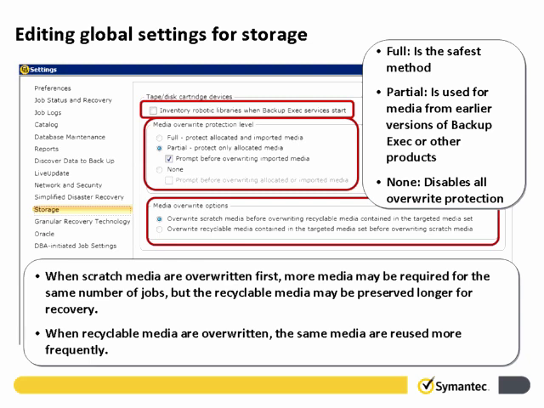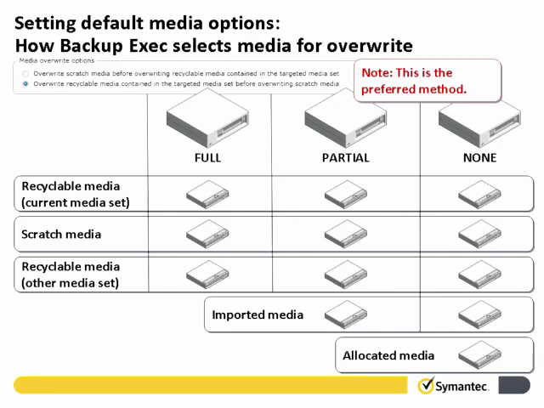So let's take a look at how this impacts and where Backup Exec is going to go to look for tapes. So if you change that default so that you overwrite recyclable first, when the backup job kicks off, Backup Exec will say, I'm trying to write to my media set and I don't have any tapes to write to. So I'm going to go look in my current media set and see if anything is eligible to be overwritten.